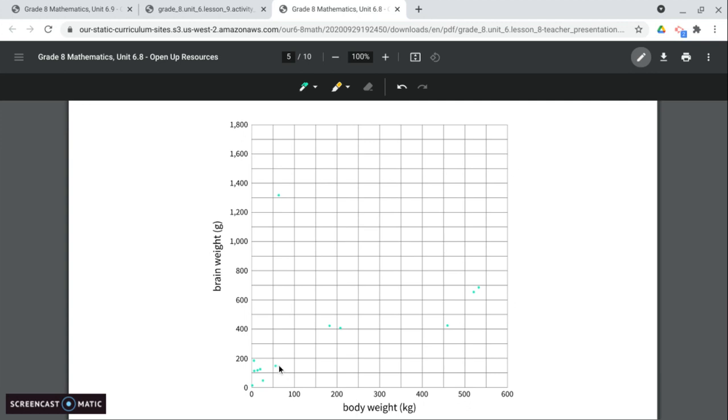Around there. Jaguar is 100 and 157. The chimpanzee is 52 and 440.